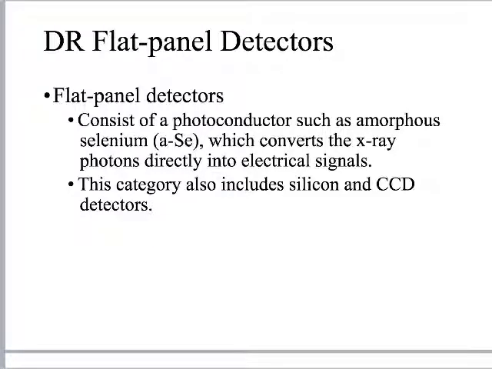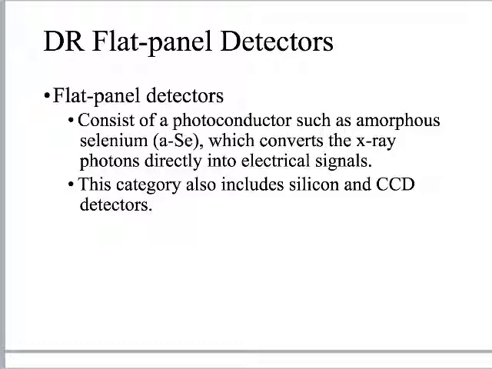Okay, so switching gears entirely now to talk about digital radiography, DR, sometimes called flat panel detectors. These are going to use a photoconductor, such as amorphous selenium, to convert X-rays directly into electronic signals.